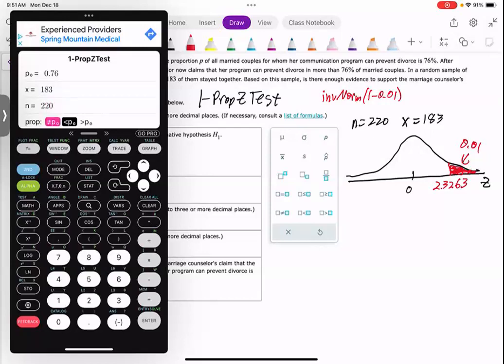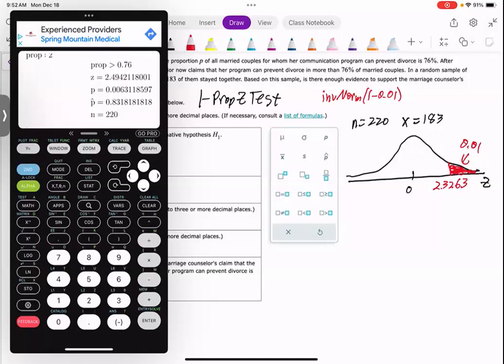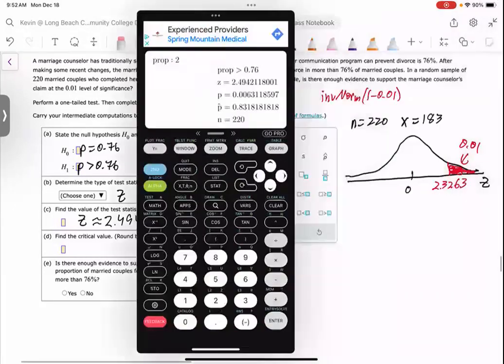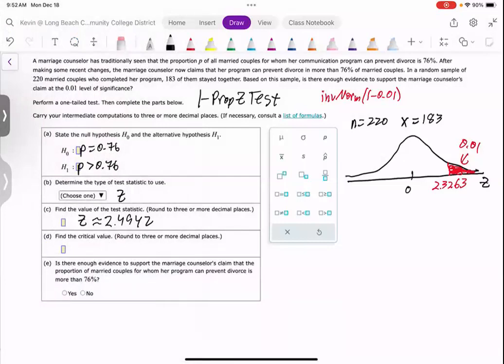And this is a right tail test. Here we go. Here is our test statistic, 2.4942. The critical value we've already found, so we're using the critical value method. That is z equals 2.3263.